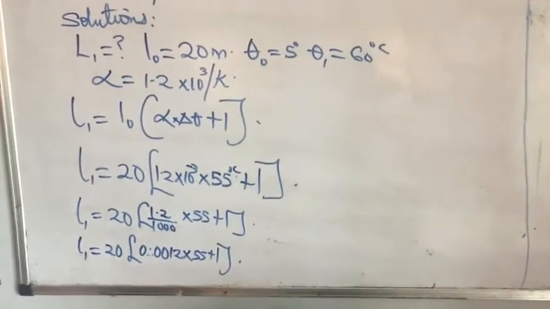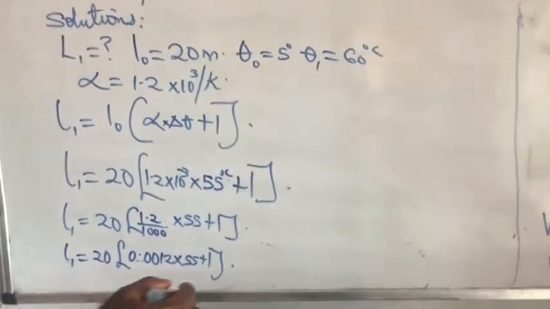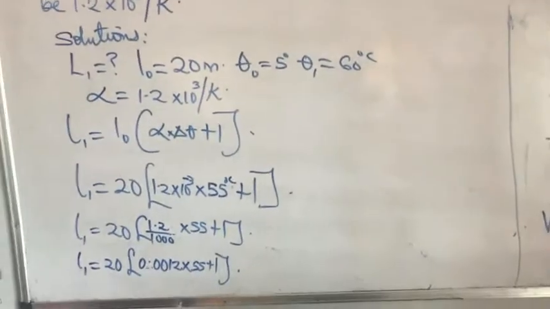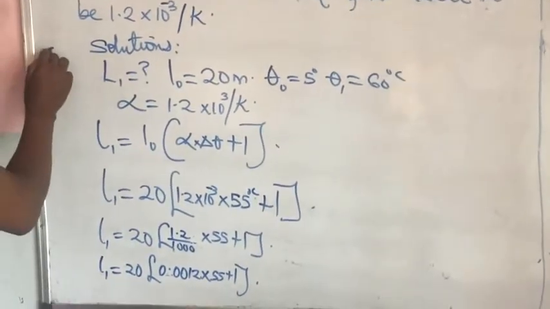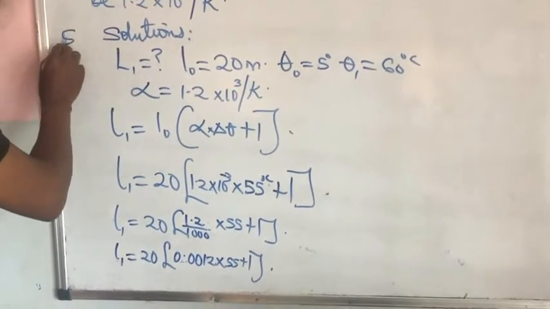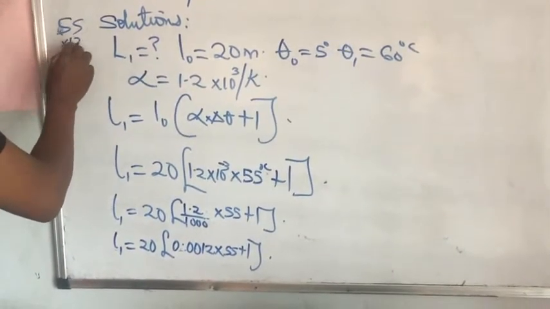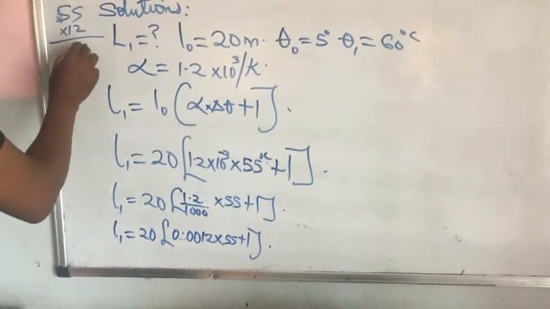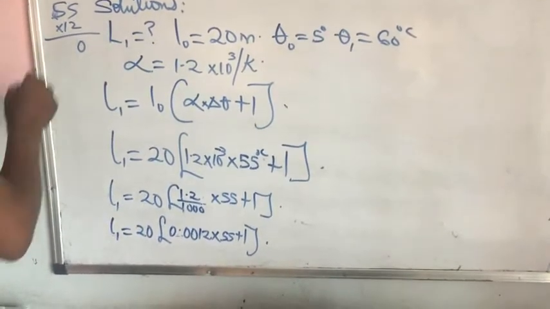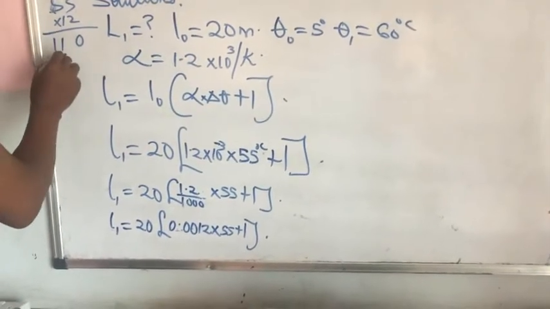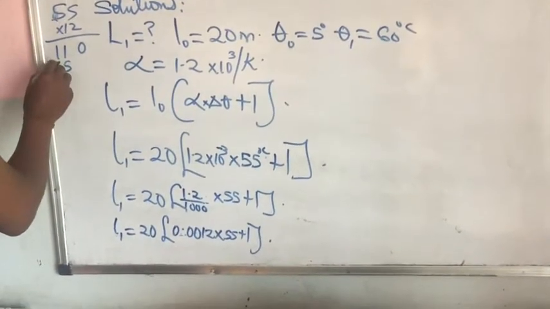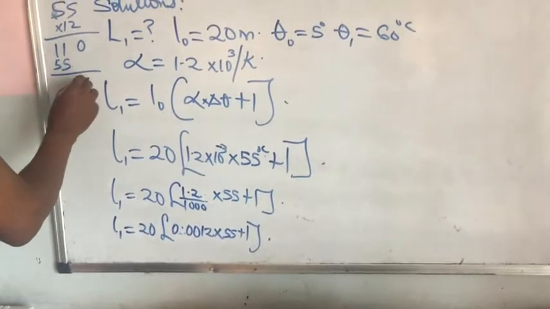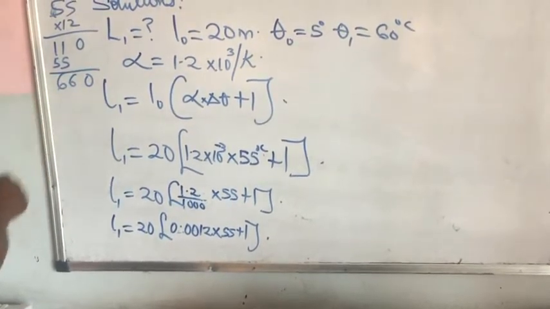What do you have? 55 times 12. 2 times 5 is 10, carry 1. 2 times 5 is 10 plus 1, 11. 1 times 5 is 5. 1 times 5 is 5. You have 660.